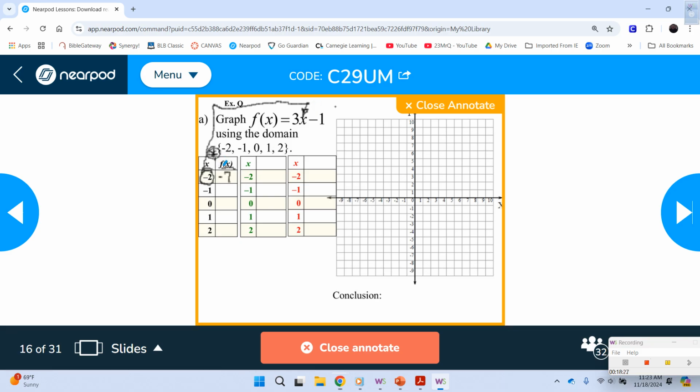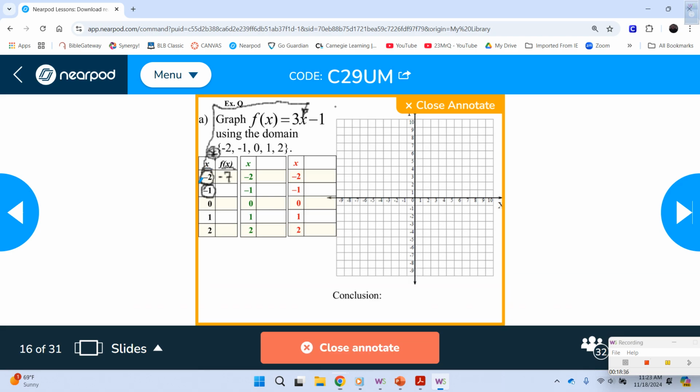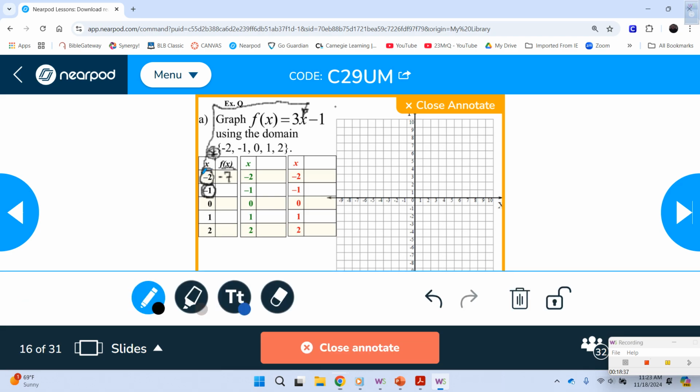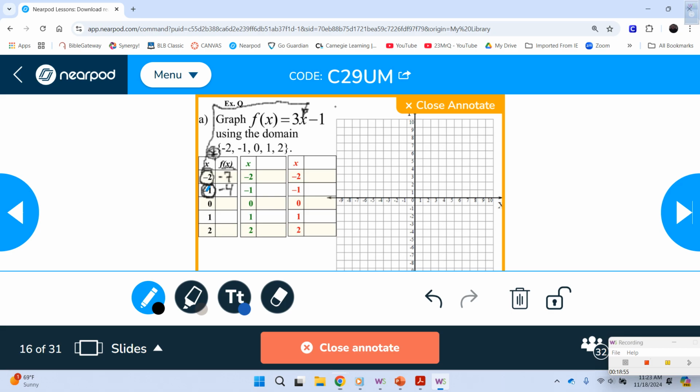Negative 7. Write that in there, please. Go to the next one. Next value is negative 1. All right. Help me out with this one, Franco. Negative 1 times 3 minus 1. Negative 1 times 3 is negative 3. Minus 1. Negative 4.